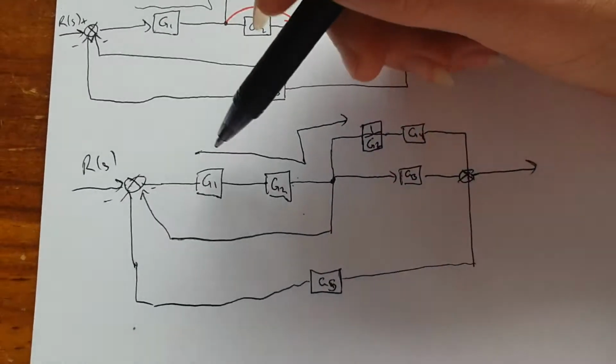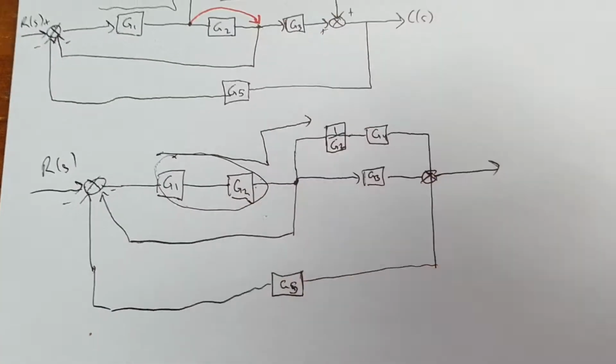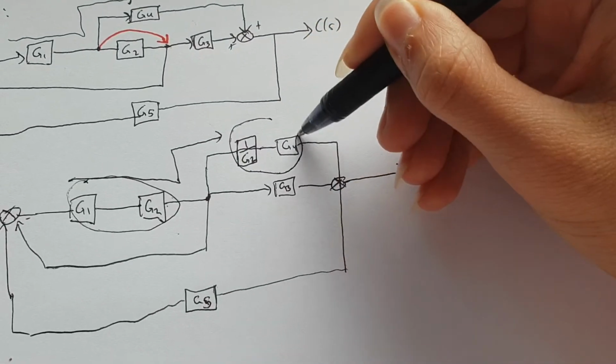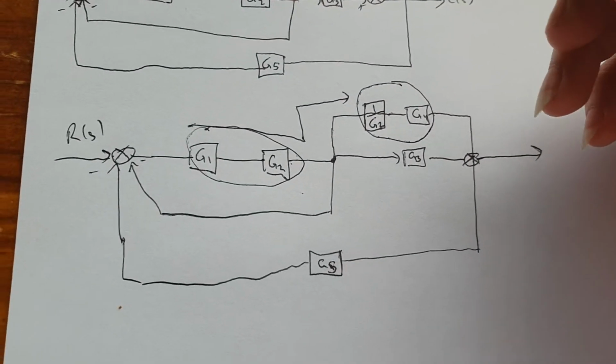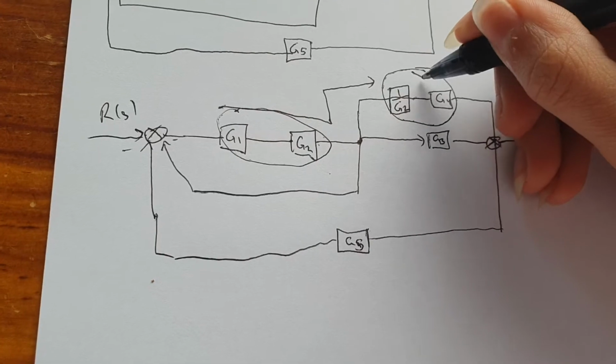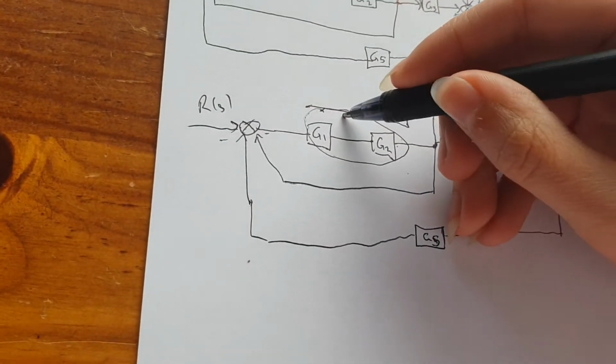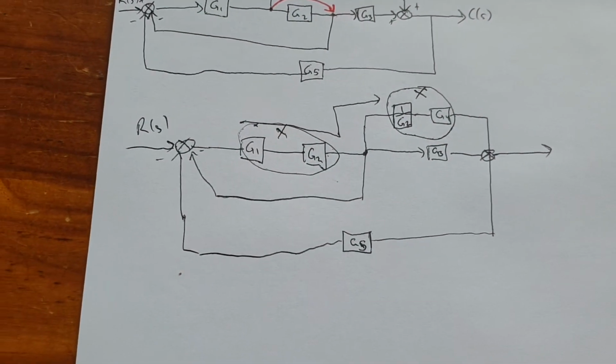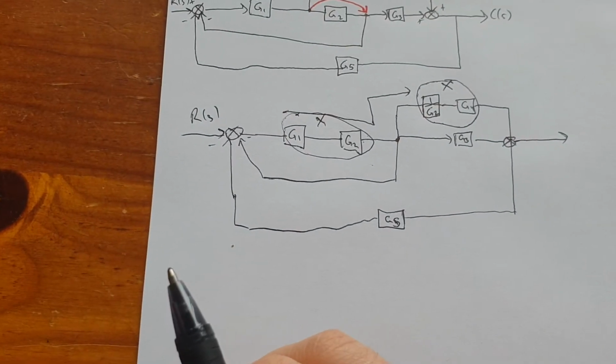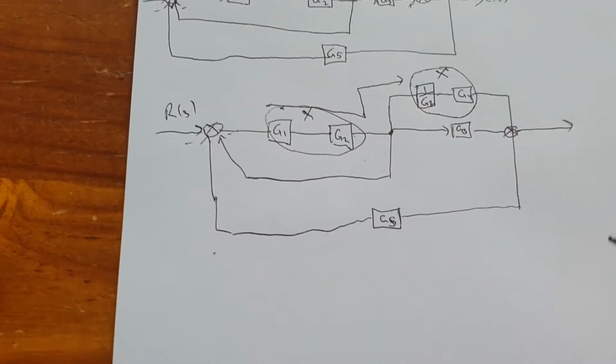What we can see is that these two here and these two here are cascaded. All that means is that we can just multiply these two together and reduce it down again.